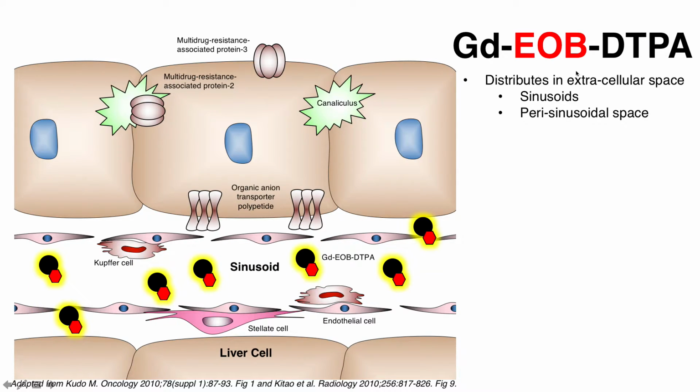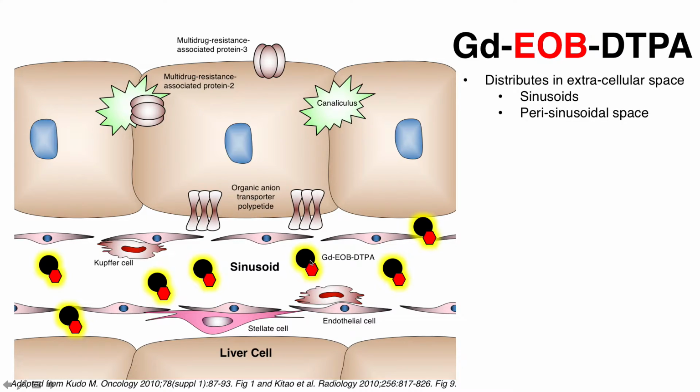And if this was just gadolinium DTPA, it would stay in the extracellular space. So some of it would be in the perisinusoidal space, some would be in the sinusoid. But this has ethoxybenzyl, and this ethoxybenzyl gets recognized by transporting polypeptides on the sinusoidal surface of hepatocytes.